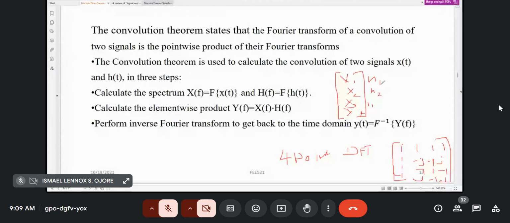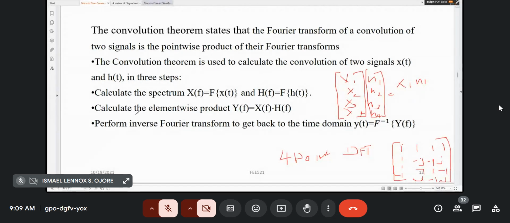Of course, it will not be h, but whenever you see h we always think about the impulse response, but just take it to be an h. So this will become x1 and h1, x2 and h2, x3 and h3, x4 and h4.